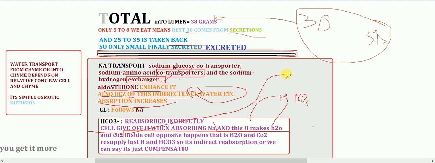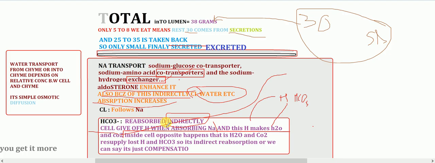Actually, this word indirectly comes along and tells us that it's not the direct reabsorption. That means it's not the direct passage of bicarbonate back into the cell. No, it doesn't work that way. It's indirect. If it's indirect, we have read 50% of the story, and now let's talk about the rest of the story.